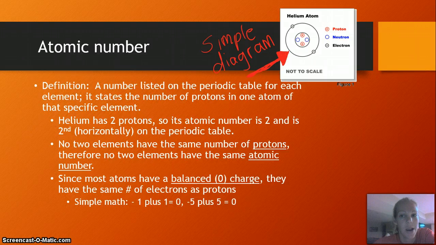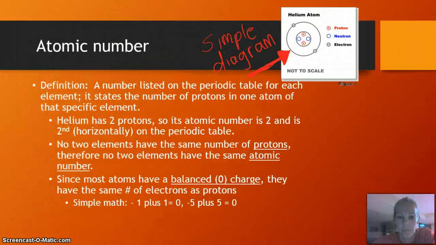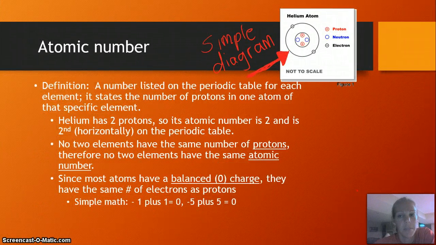All right, so now we're actually getting into drawing diagrams. Here is a helium atom diagram. This is a type of simple diagram that I'm going to expect you to be able to draw in a few days.